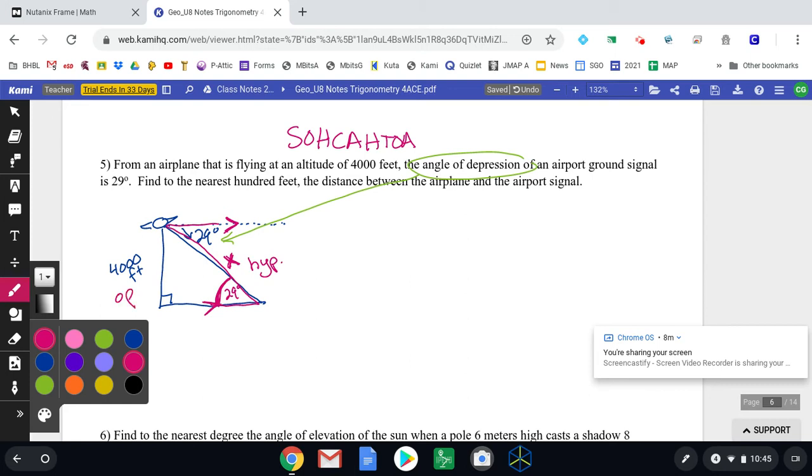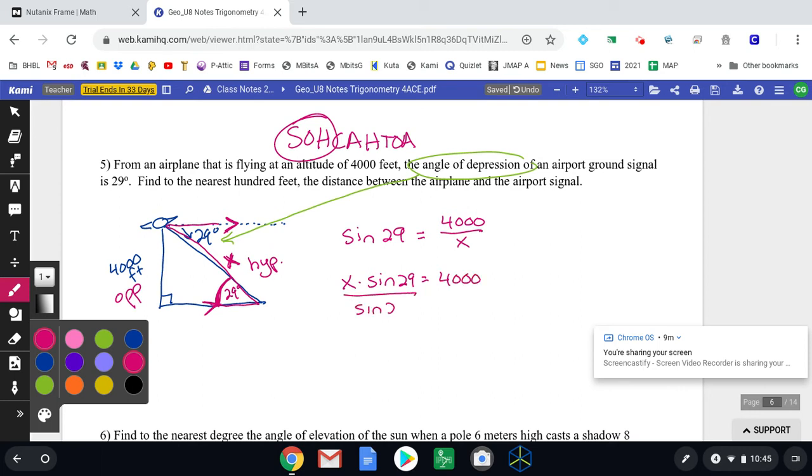I have an opposite. Opposite and hypotenuse is my sine. So the sine of 29 degrees is my opposite over my hypotenuse. So I'm going to cross multiply. So x times the sine of 29 equals 4,000.